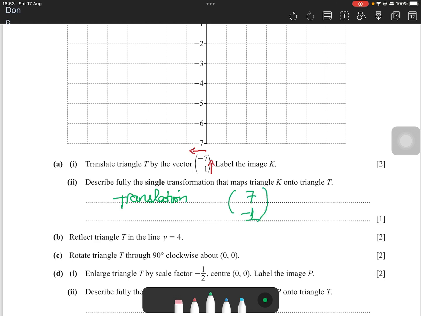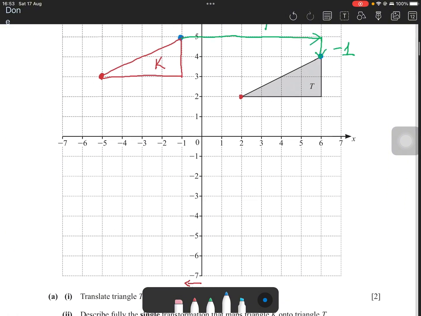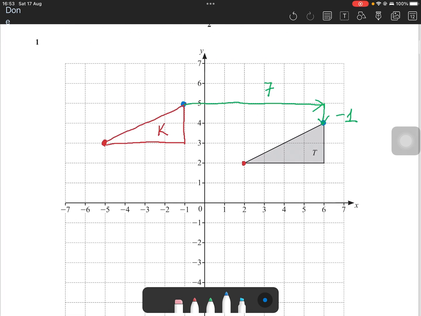B. Reflect triangle T in the line y equals 4. So let's draw the line y equals 4. Y equals 4 is the blue line. Now let's remove these. And to reflect the triangle T, we can check.